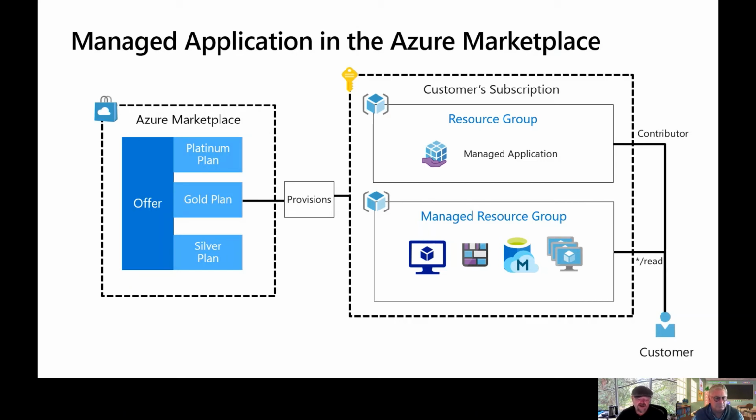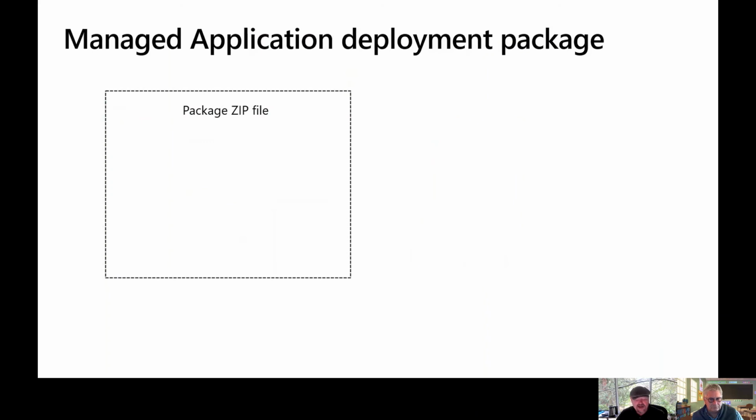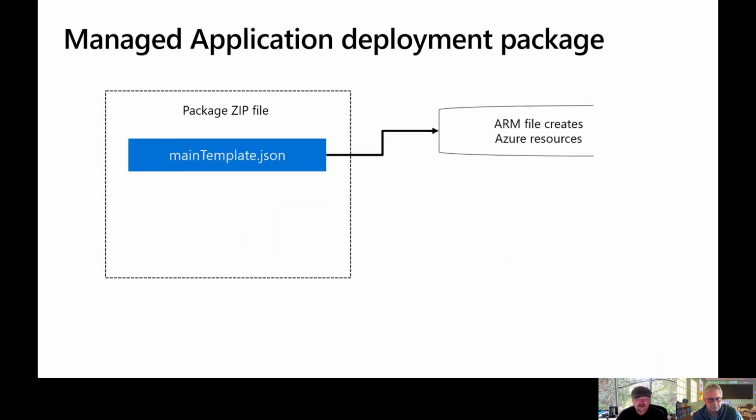That means that we have an ARM template and some other artifacts that we associate to each and every plan. And they might be different because perhaps with a gold plan, I'm going to create a different storage solution, perhaps.